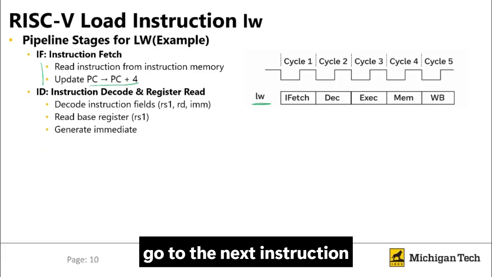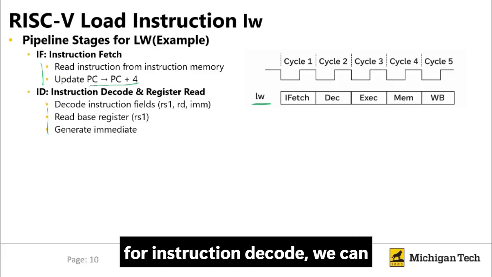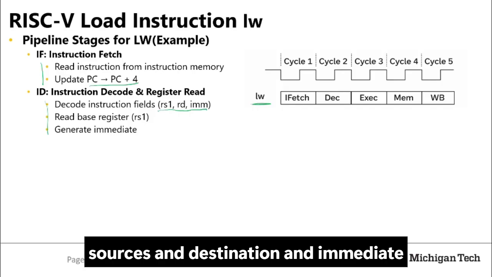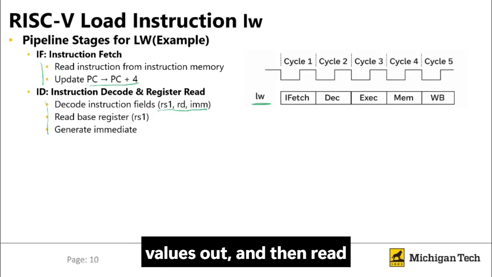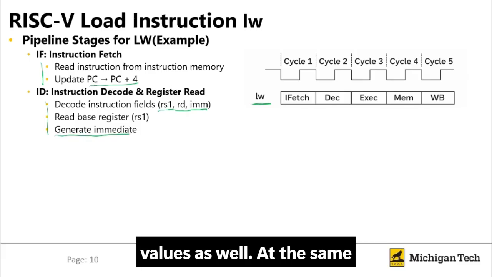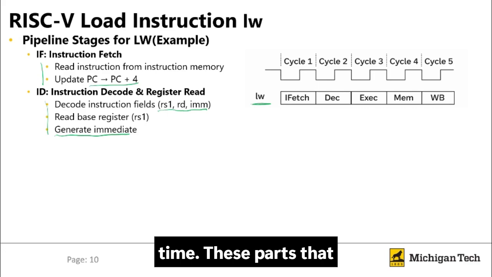For instruction decode, we can decode instruction fields, get register sources and destination and immediate values out, and then read base registers and generate immediate values as well at the same time.